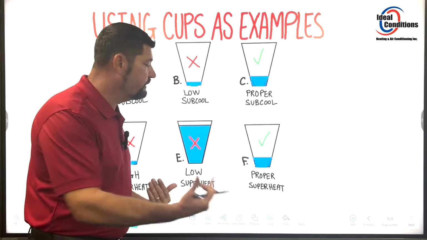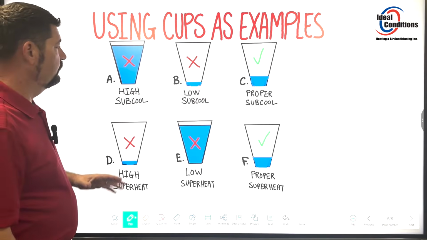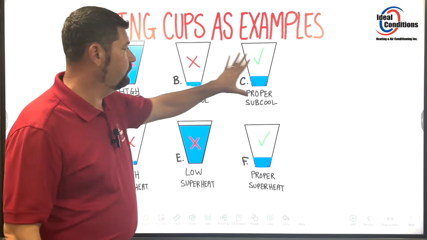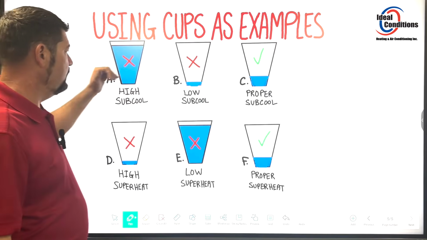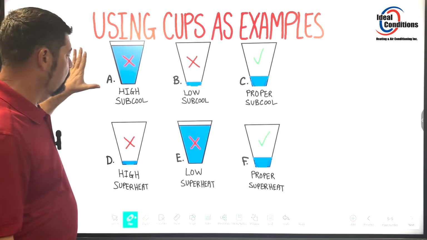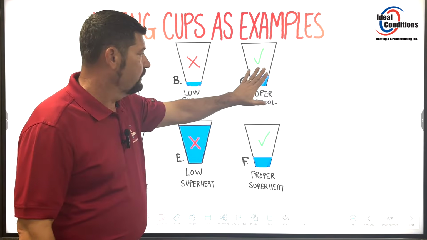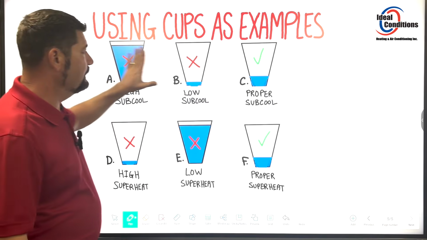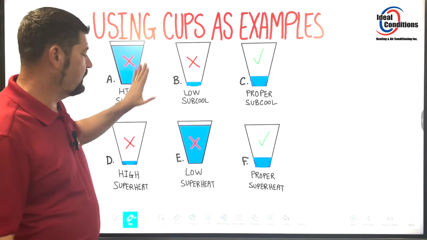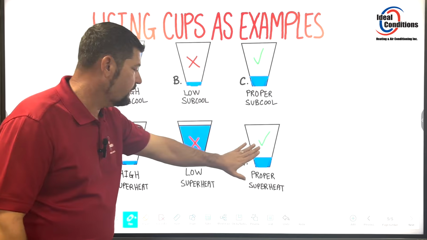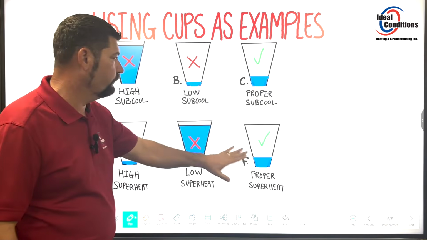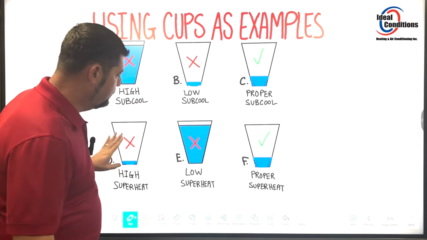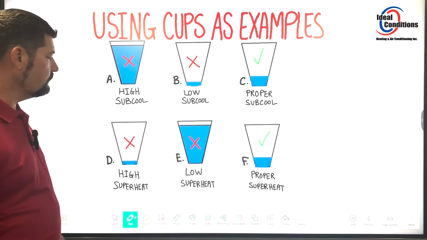Now when I say combination, what I'm referring to is we have to take what our condenser is doing. So A, B, and C values are subcool values that are represented based on the condenser. We match that up to what is going on in our air handler, our evaporator coil. So condenser coil, evaporator coil, right?